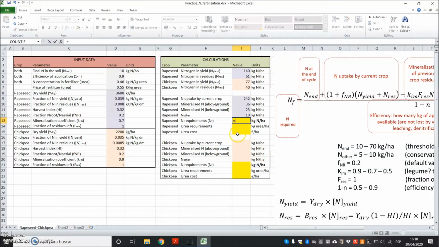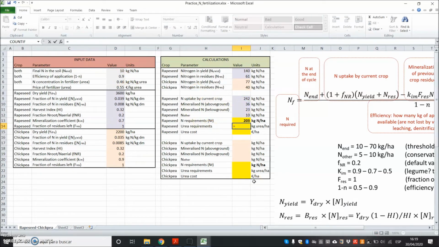Now we can calculate for rapeseed the requirements of nitrogen, which will be the residual nitrogen plus the uptake minus mineralization and minus other sources of nitrogen divided by the efficiency.